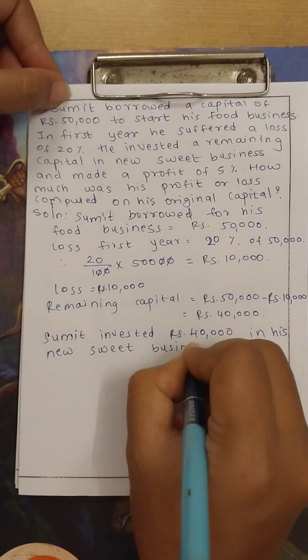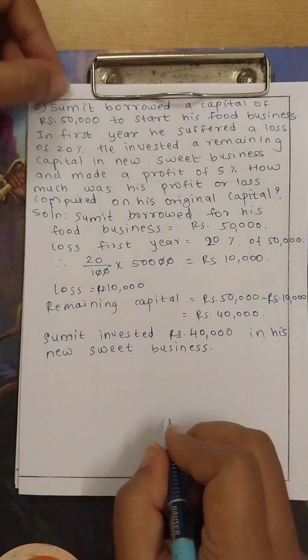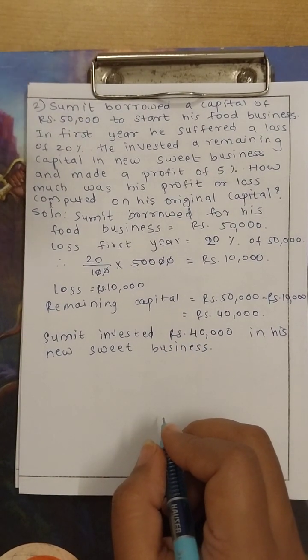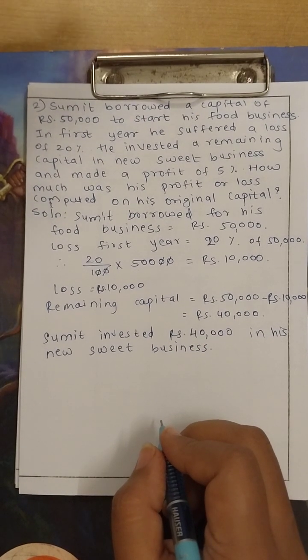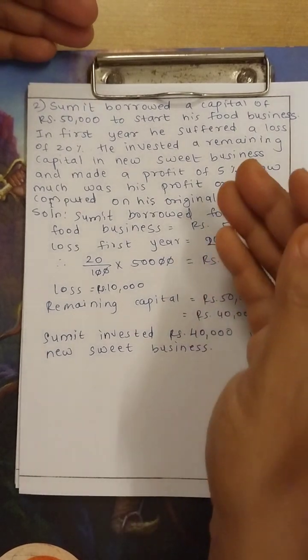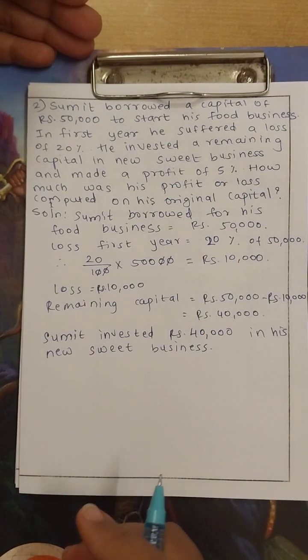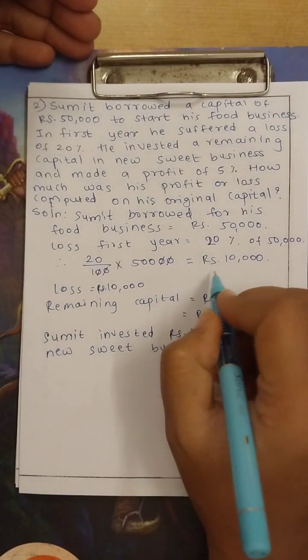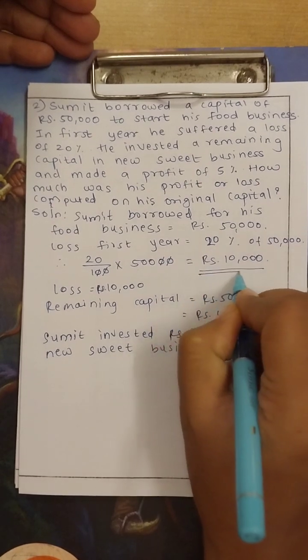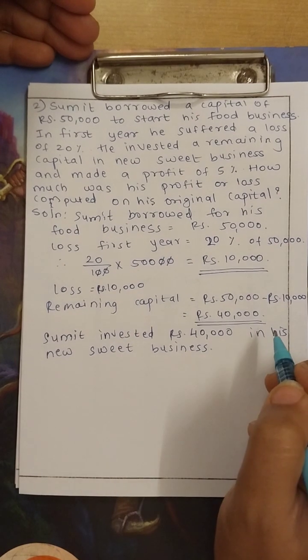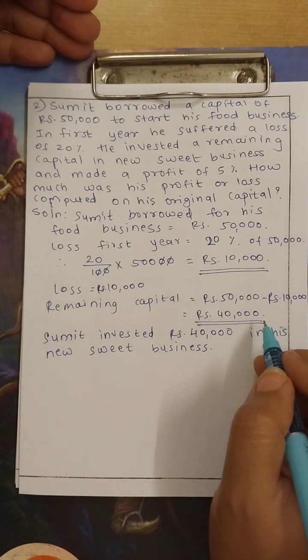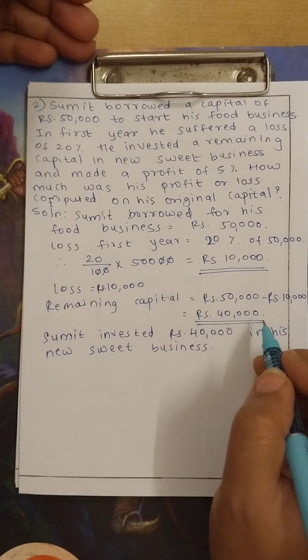You have to write down these sentences while solving. These are very important sentences and you have to write them down the way I am writing, step by step. You have to underline the answers you found.